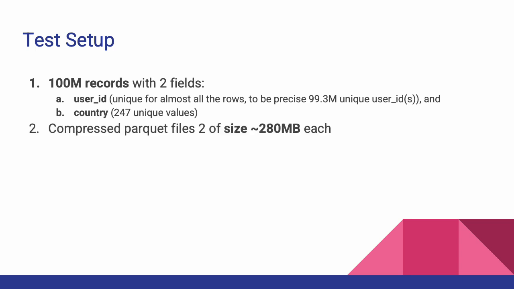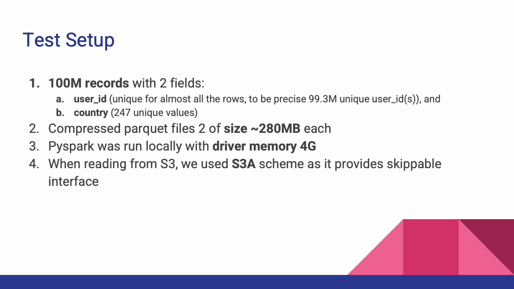We took a CSV file and compressed it into Parquet file format. So ultimately we had 2 files, where each file was about 280 megabytes in size. When running Spark, we did that locally with PySpark, giving the driver 4 GB of memory, and whenever a read from S3 was involved, we used the S3A scheme because it provides a skippable interface.